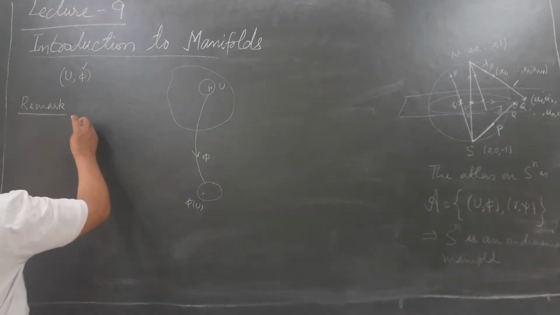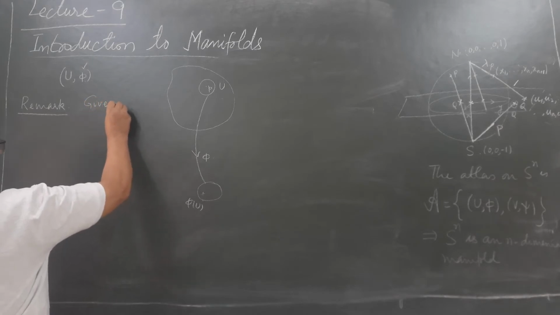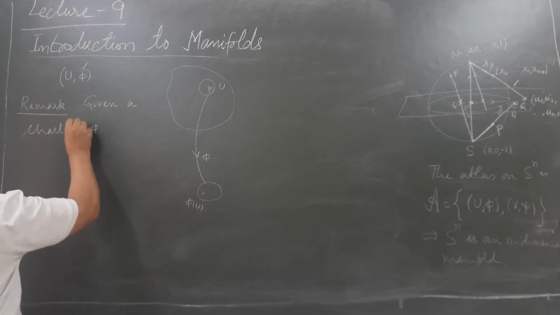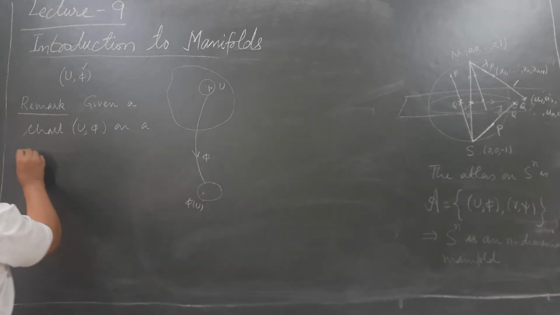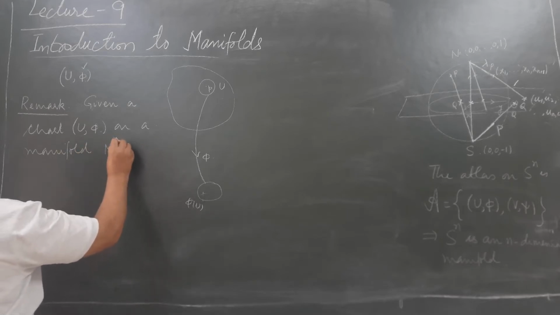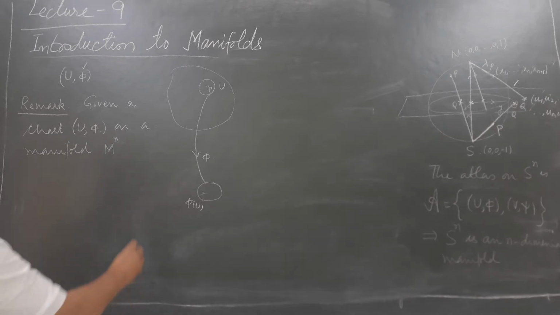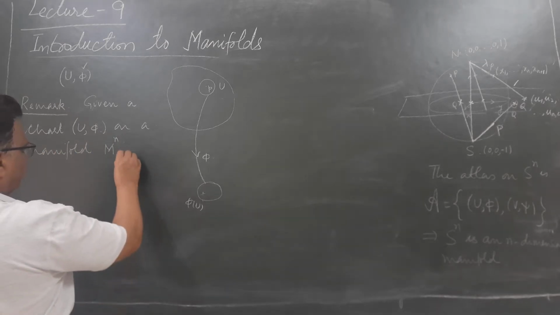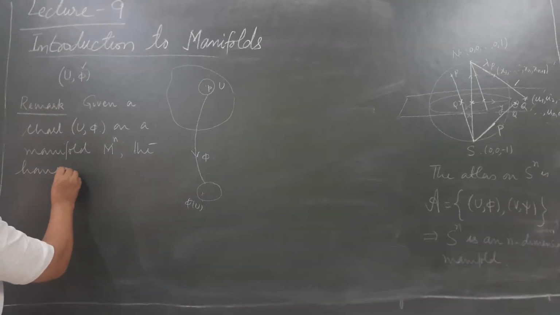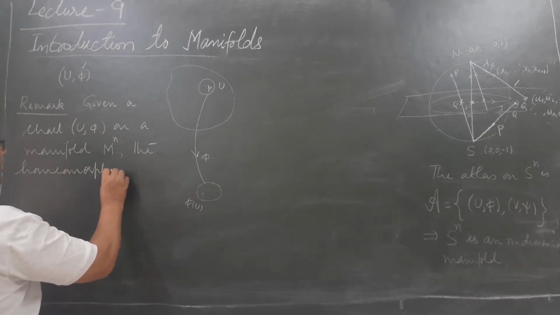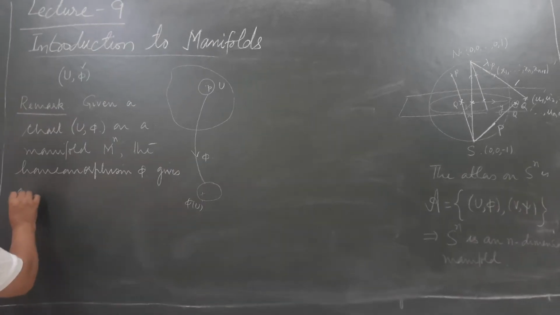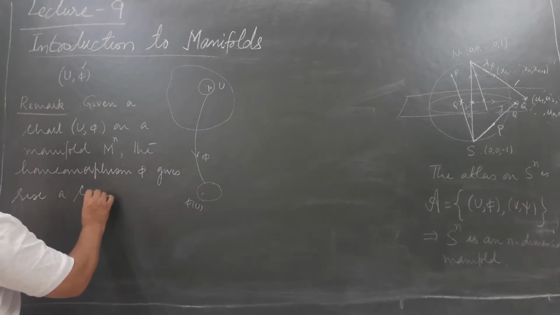So given a chart (U, phi) on a manifold M whose dimension is n, suppose, the homeomorphism phi gives rise to a coordinate system on U.